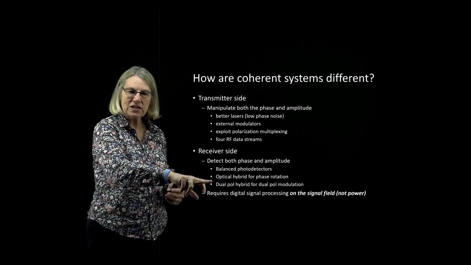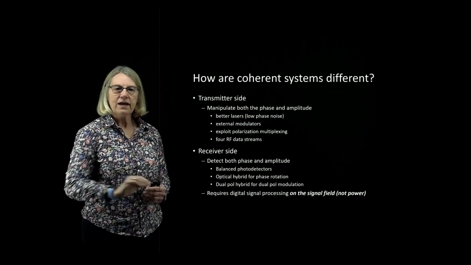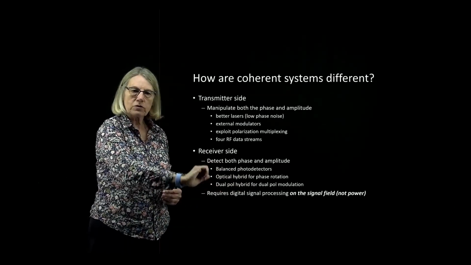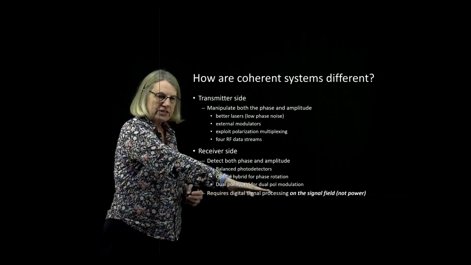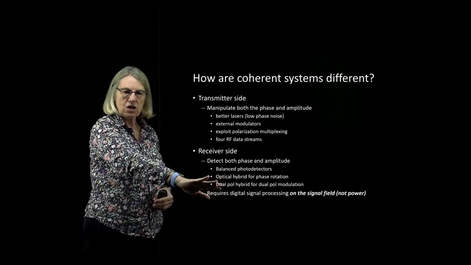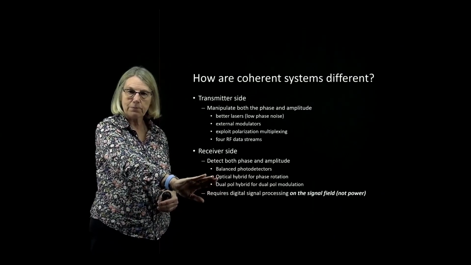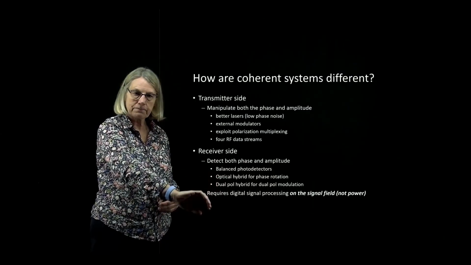I'm going to have to use optical hybrids, which allow me to access the phase, and dual polarization hybrids if I'm going to use dual polarization modulation. So we can see that there's quite a bit changing on the receiver side instead of having a simple photodetector.